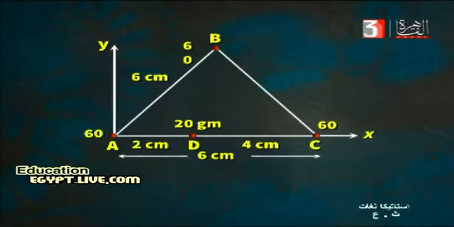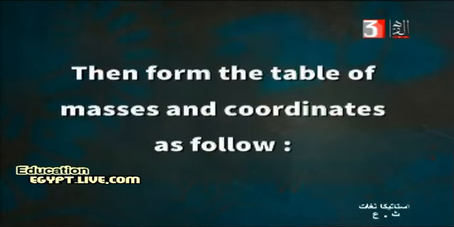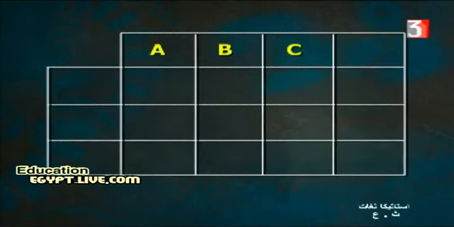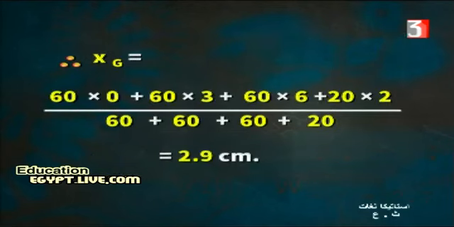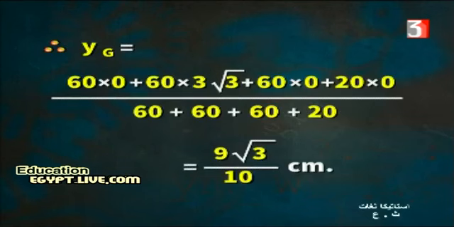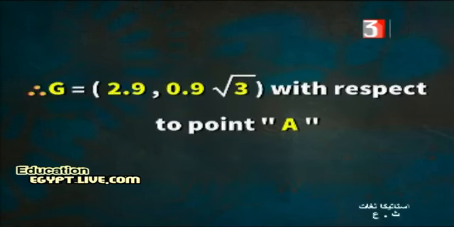After that, form the table to calculate the center of gravity, xg and yg. We know xg equals 2.9 and yg equals 9 root 3 over 10, the center of gravity with respect to point A.